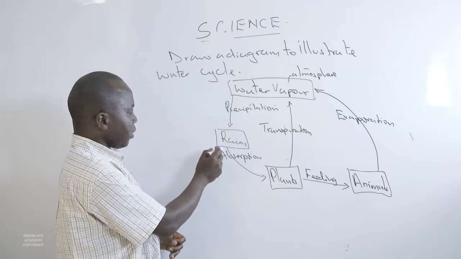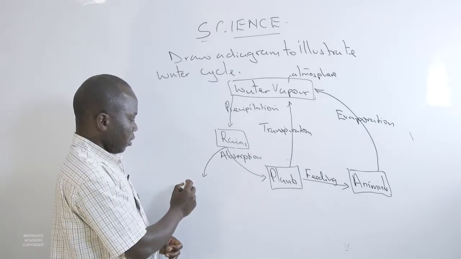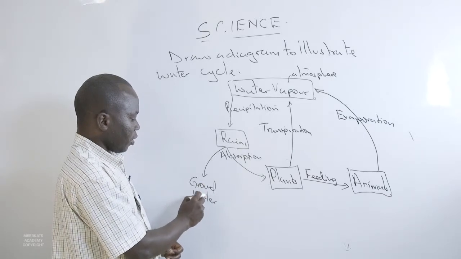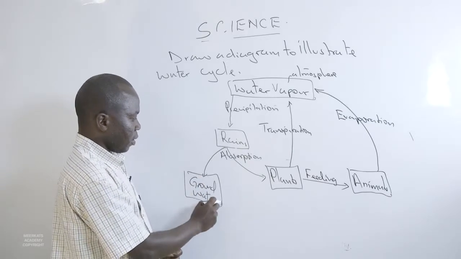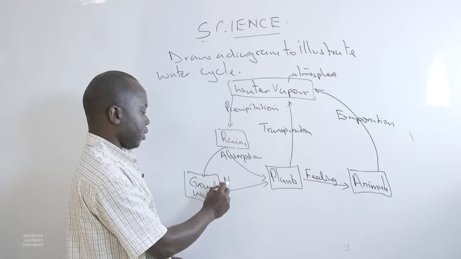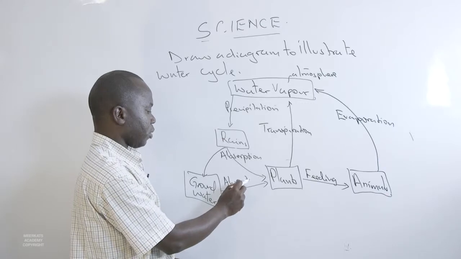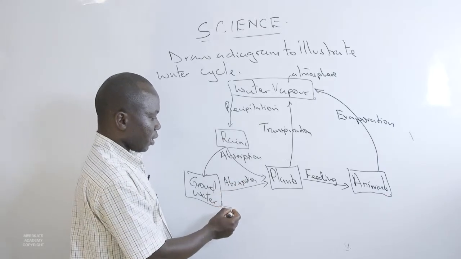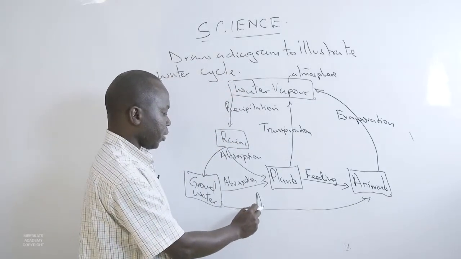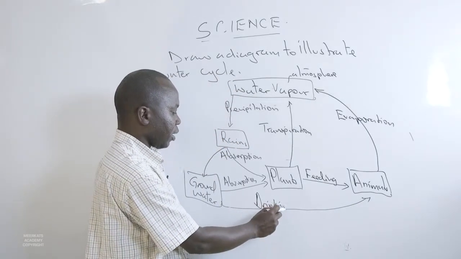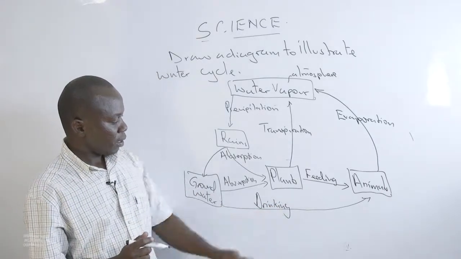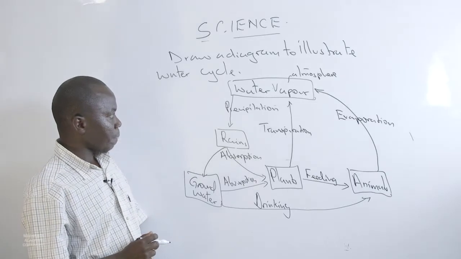On the surface of the skin, it evaporates back to the atmosphere. Then sometimes these rains form part of groundwater that will be stored there for some time. Again, it will be absorbed by plants. Absorption. And this groundwater can also get to animal bodies through simple processes, like when you dig a borehole, you get access to groundwater through drinking.